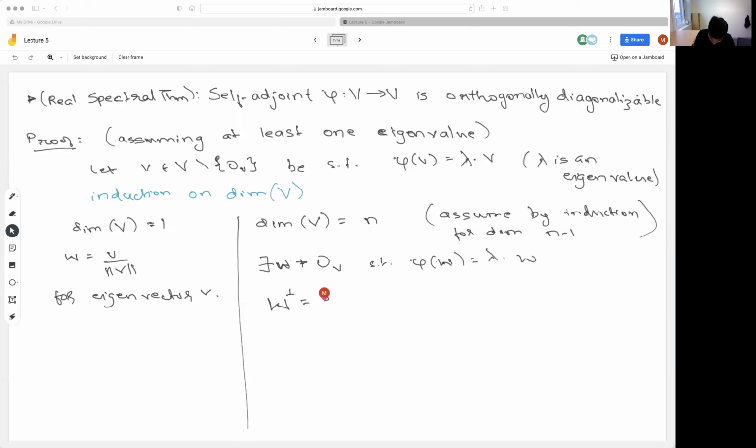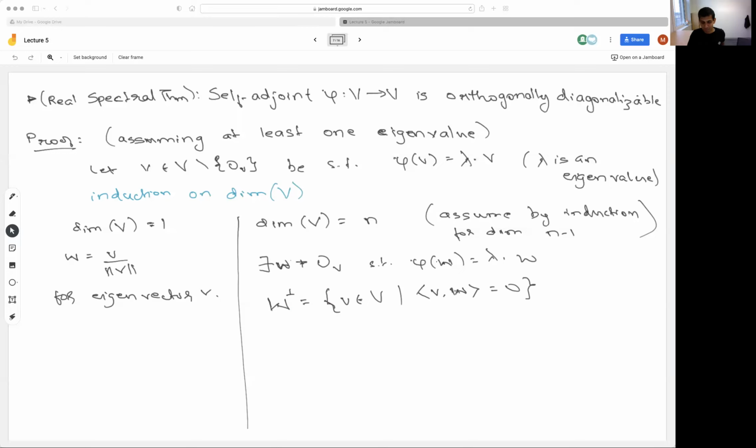And let's define the space of vectors which are just orthogonal to this W. Okay, is the definition of this W perp clear? It's just a space of vectors which are orthogonal to W. Notice that this only makes sense in an inner product space, and we couldn't have defined it in a general vector space.